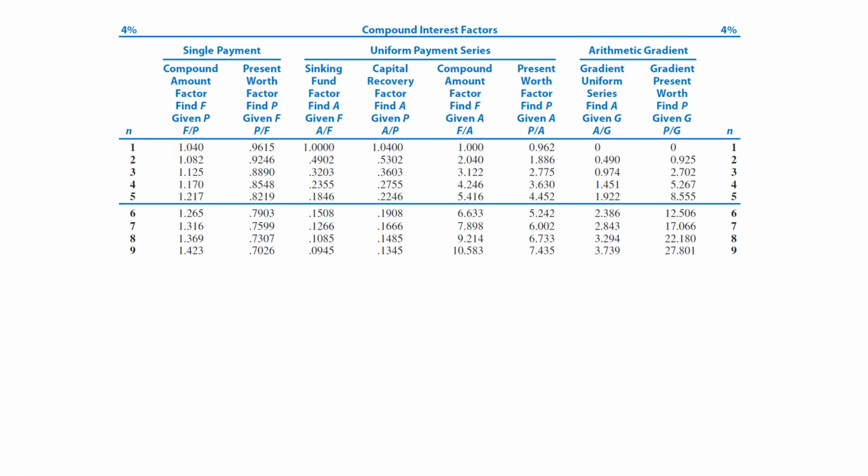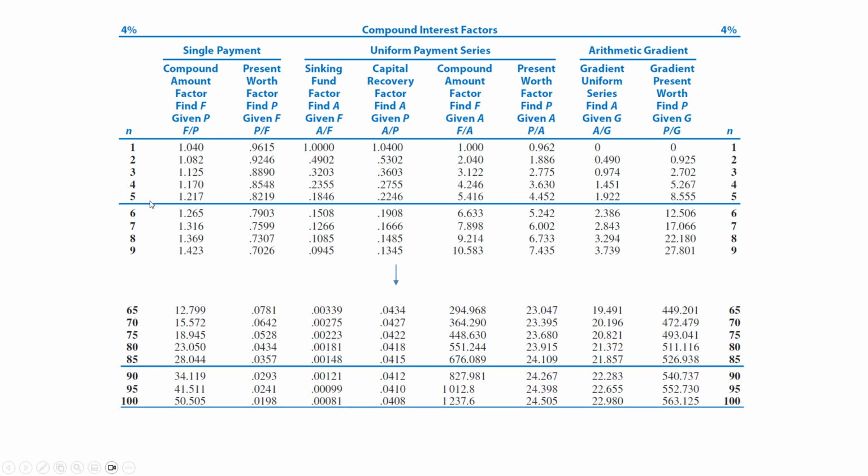So if we look at the 4% table in the back of the book and go down through lots of different rows, what's interesting to look at is the A/P column. It gets closer and closer to 0.04, which is the 4%.